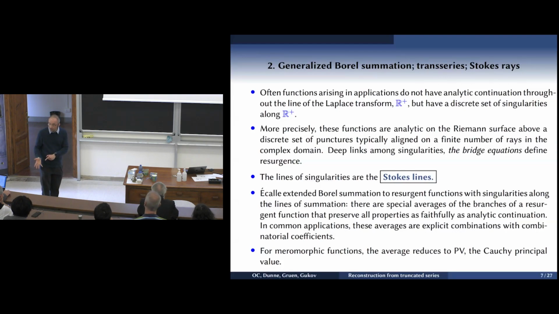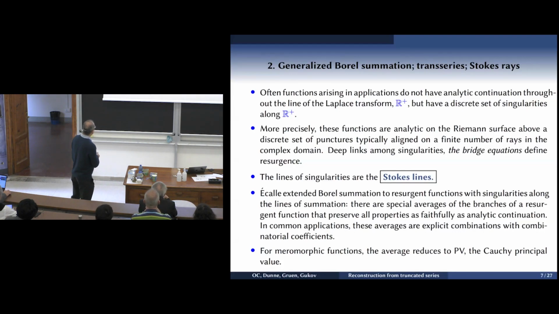You want to preserve multiplication, and this procedure commutes with convolution. In cases arising in applications, the averages of Écalle are very explicit. And in the cases that we'll deal with right here, the averages are as simple as half-half because we are dealing with meromorphic functions. I don't want to give the wrong impression that taking half-half is any good in general, but if you're dealing with meromorphic functions, yes.